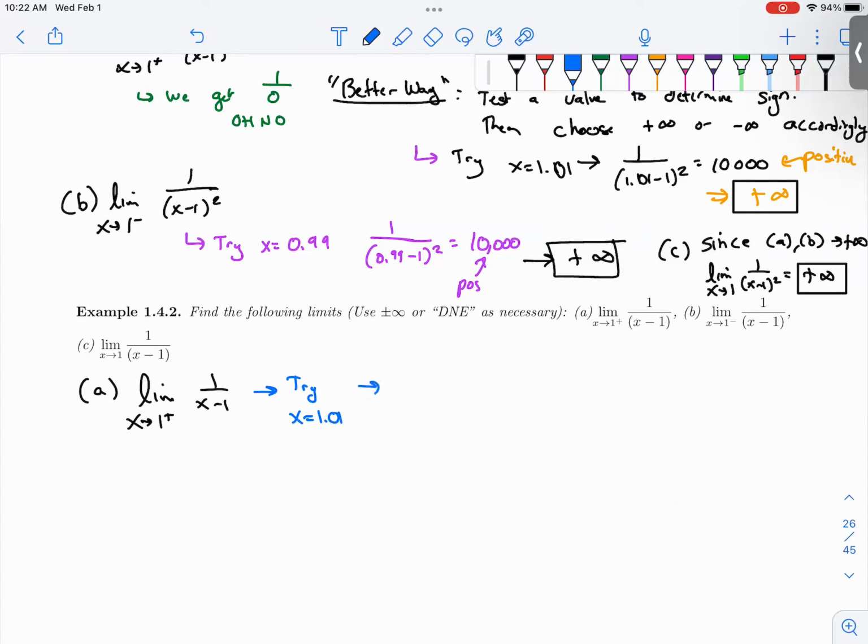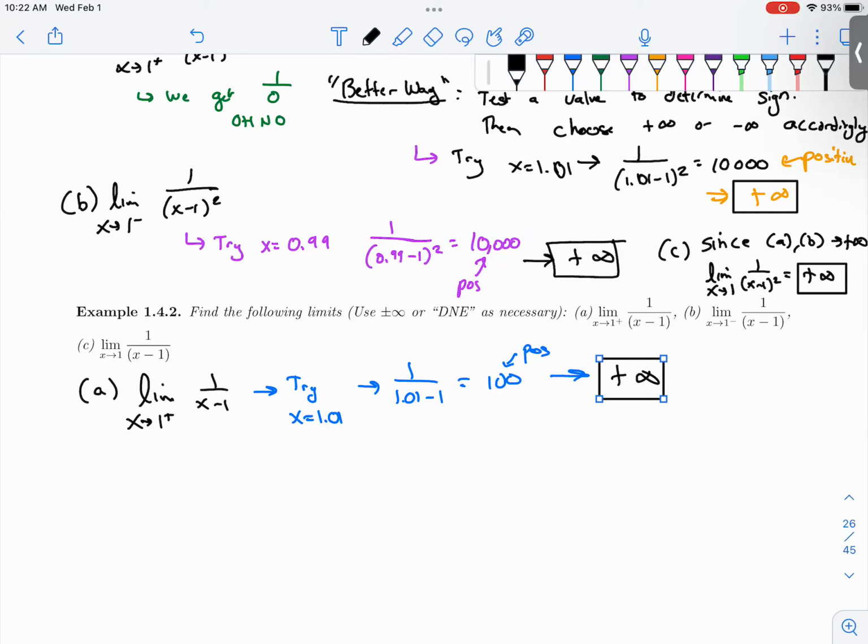And what you'll get is 1 over 1.01 minus 1. You get 100, which is positive. So the answer is that it's positive infinity. So the limit as you approach it from the right is positive infinity.